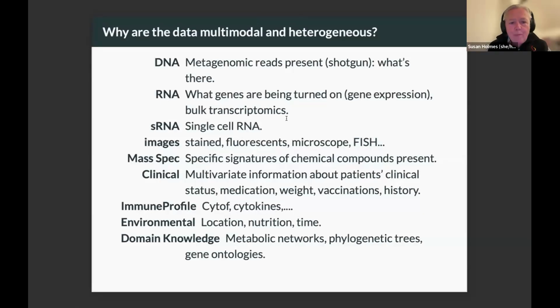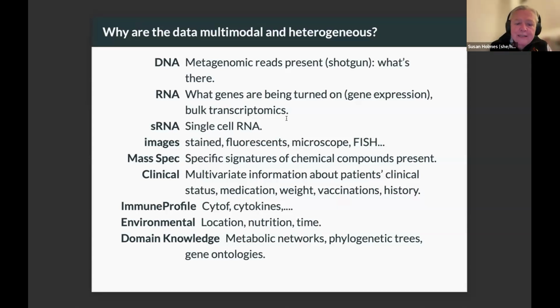So when I talk about abstract problems, for me, here is a concrete problem. I work a lot in what's called the microbiome, the human microbiome, where we look at the different species of bacteria in the gut. And we have all of these different data types, images and mass spec and DNA, immune profile, a lot of environmental data.